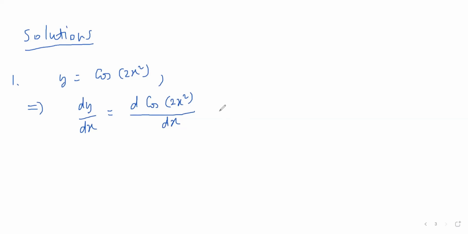So in this case, we have to let u be equal to 2x squared. The reason why we let u be equal to 2x squared is because we have to simplify the expression and therefore make it easier for us to use the chain rule.